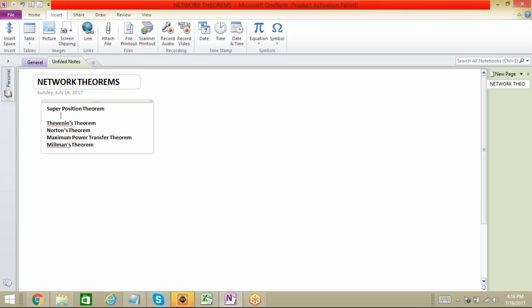The superposition theorem has the ability to separate the impact of each source on the quantity of interest. Similarly, with Thevenin's theorem, we can reduce any two-terminal series parallel network with any number of sources to a single voltage source and a series resistor.